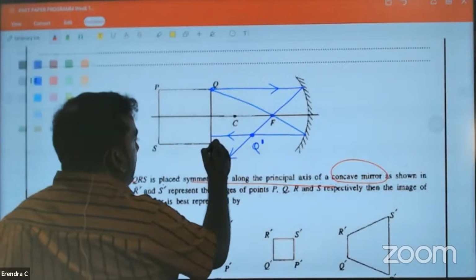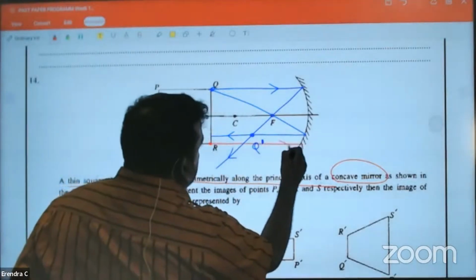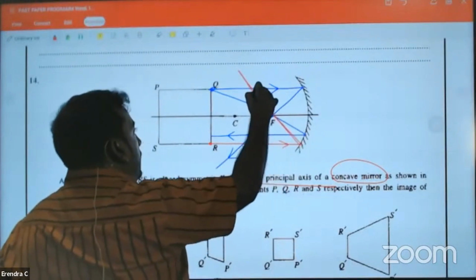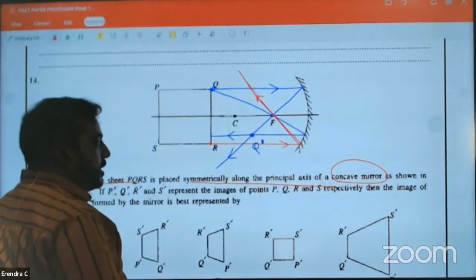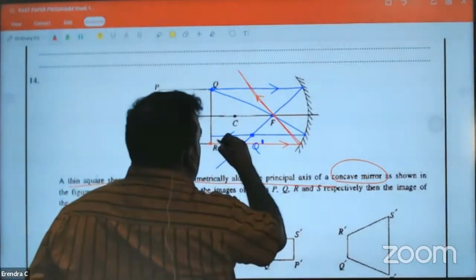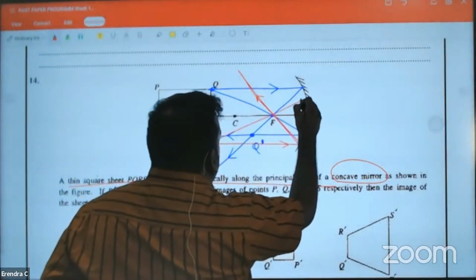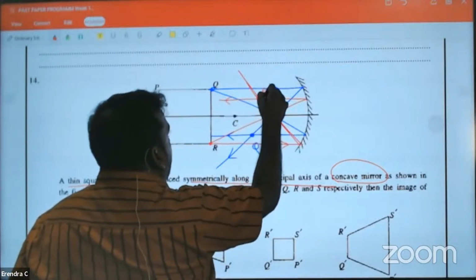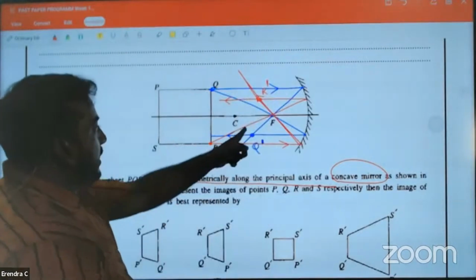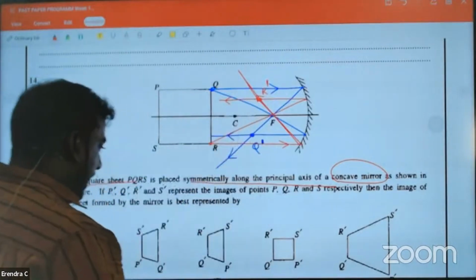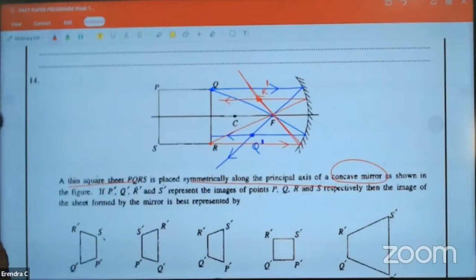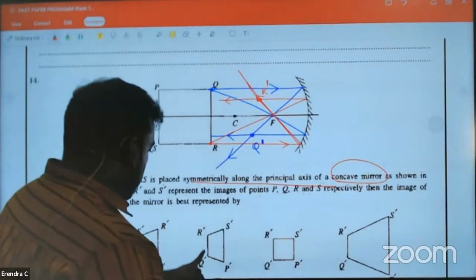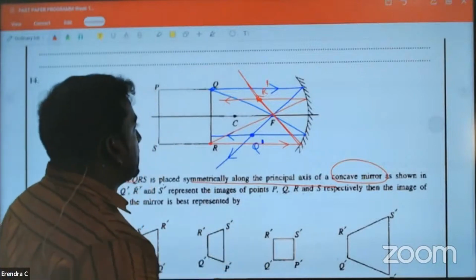I want to draw for R. Light rays parallel go through the focal. Also, you can reverse that, no? Light ray going through the focal becomes parallel. What do you get here? R dash. Q dash, R dash are in the same line.